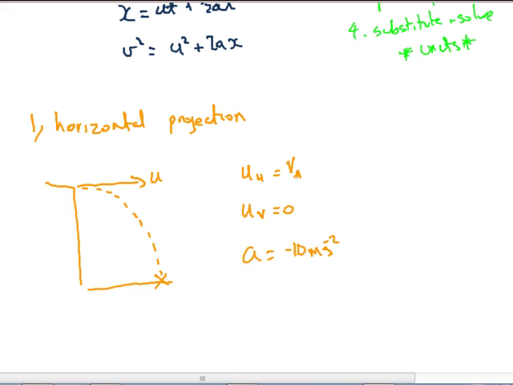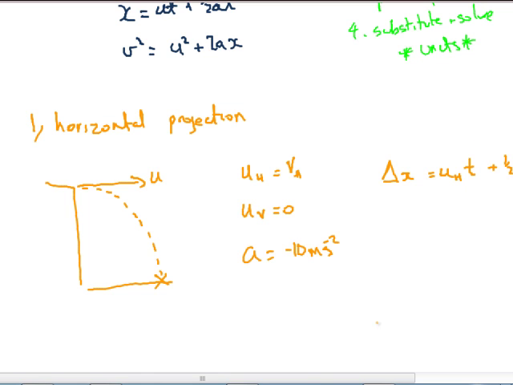And then we substitute into our equations in order to solve. So we've got things like, if we want to solve the height, it's going to equal uv t plus a half a t squared.